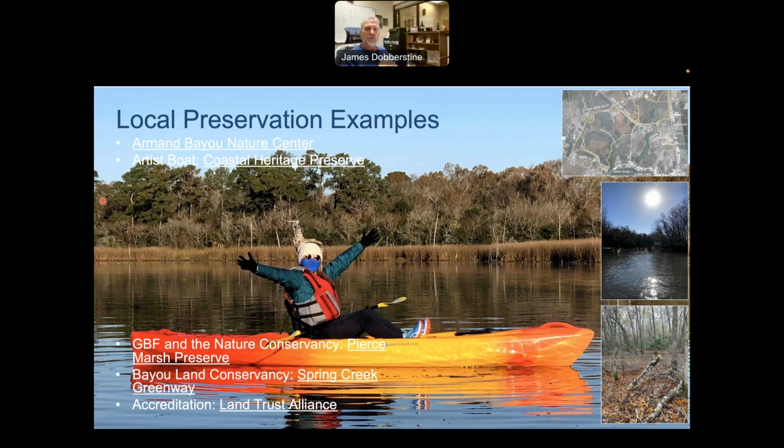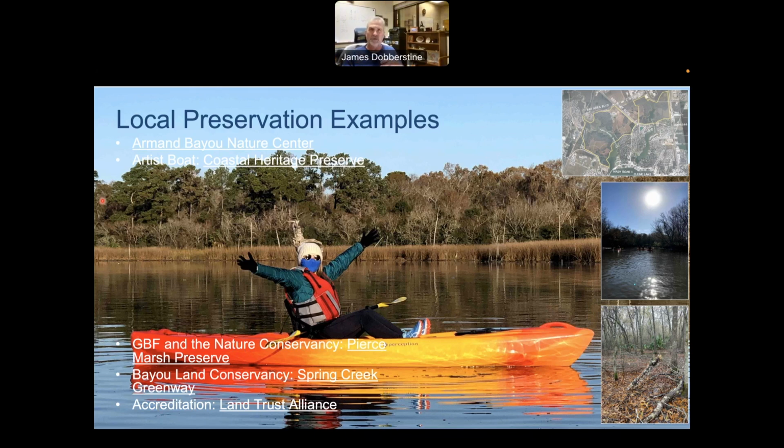You can go to the Land Trust Alliance website. Pretty much all of the land trusts in this area are accredited. Generally, the recommendation is if you're going to enter into a conservation agreement, especially, or donate property, going to an accredited land trust provides better insurance that the property is going to be maintained the way it was intended over time.